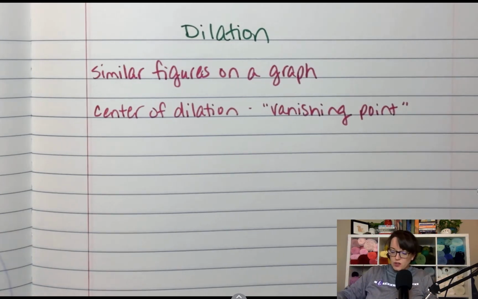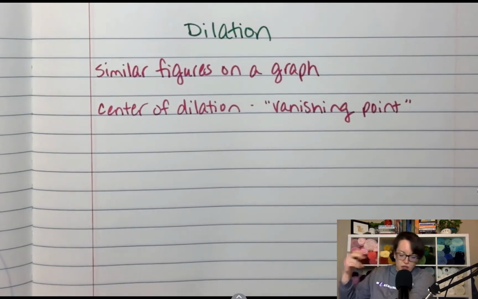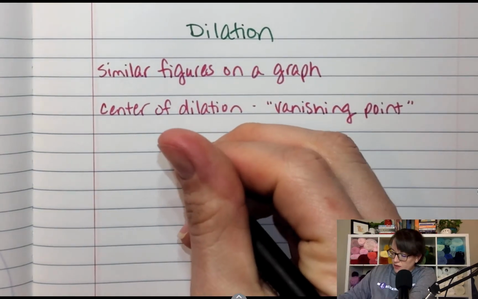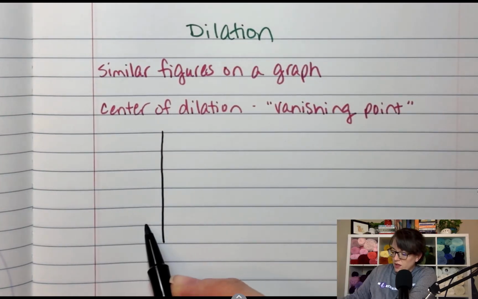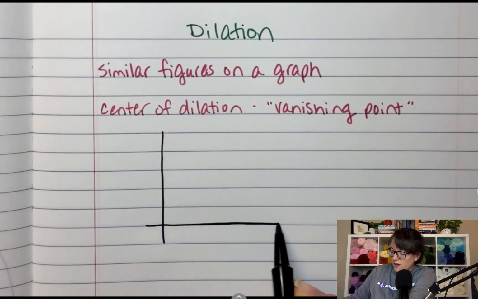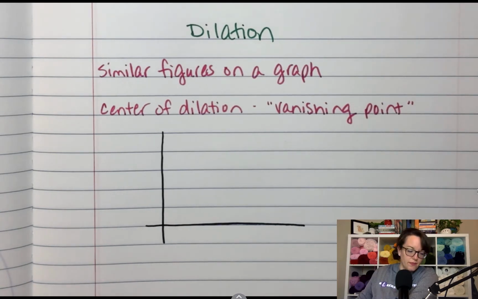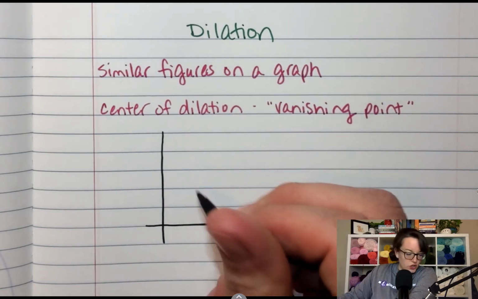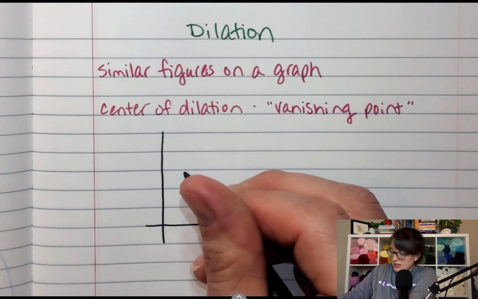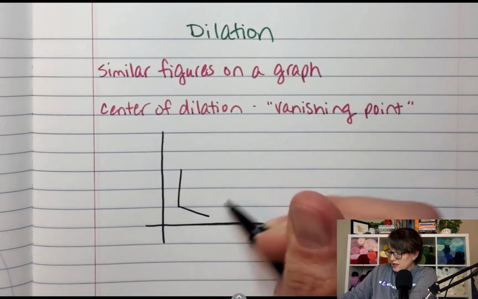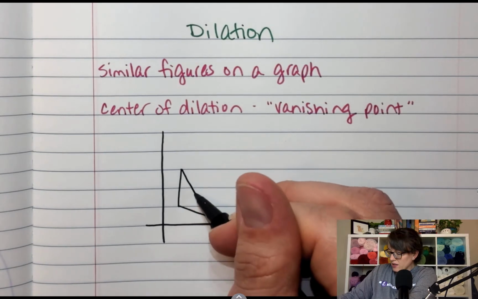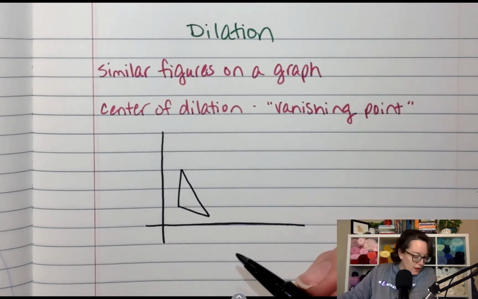All right, so we are going to start with a grid. We're only going to do quadrant 1. They can be all over the place, but for today, we're just going to focus on quadrant 1. I'm going to draw triangle ABC. It does not have to be a right triangle.